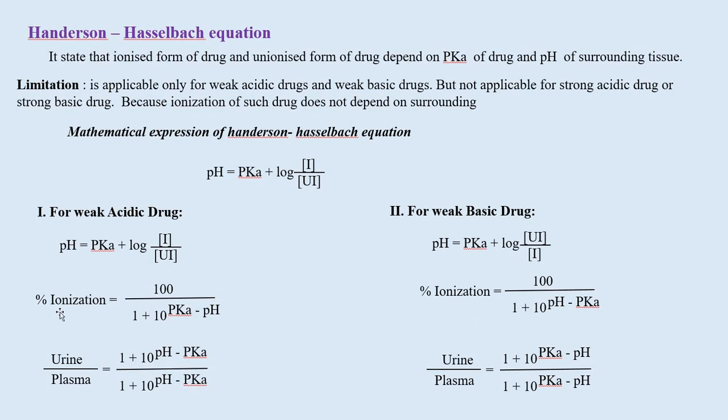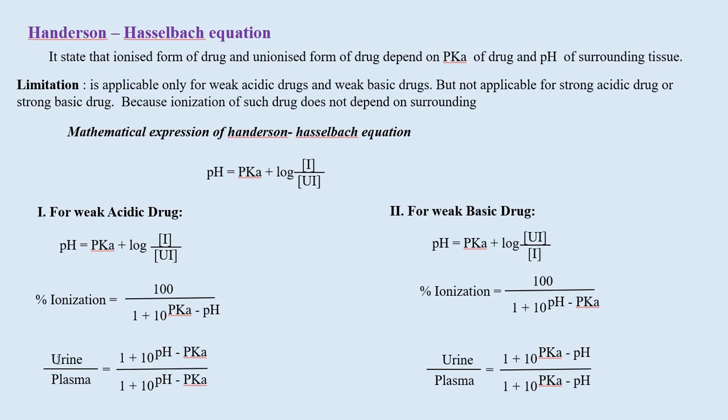Then the formula for percent ionization is equal to 100 divided by 1 plus 10 raised to pKa minus pH. This is for a weak acidic drug. For a weak basic drug, it is pH minus pKa.